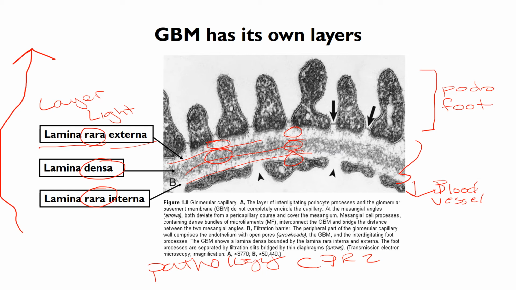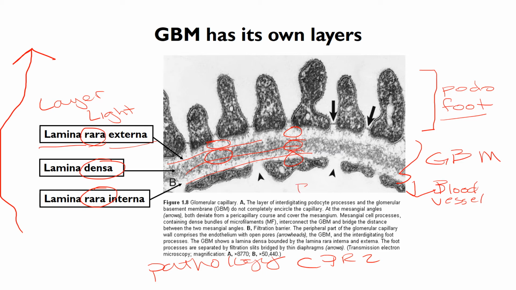And so that really highlights not only the importance of all 3 components of the glomerular filtration barrier, but how each filtration barrier component is going to contribute to keeping things out of the nephron tubules that are supposed to stay out and allowing filtration of things that should be filtered.